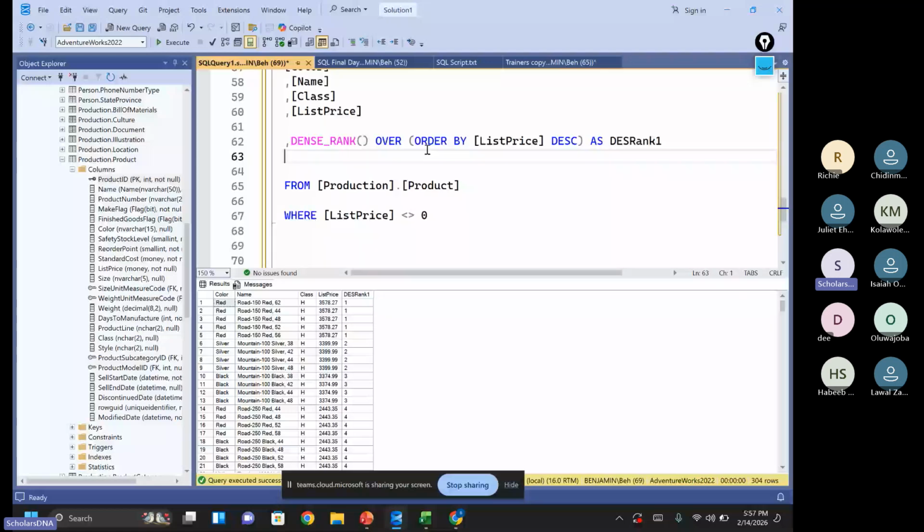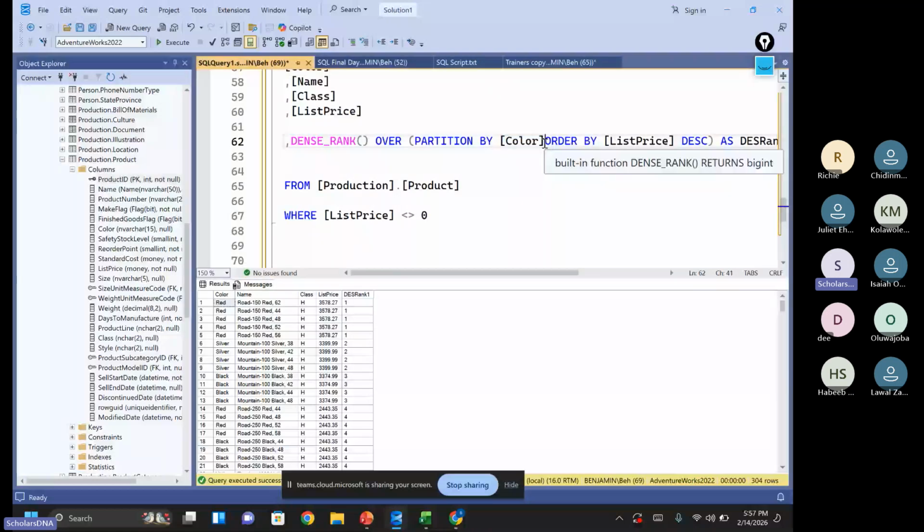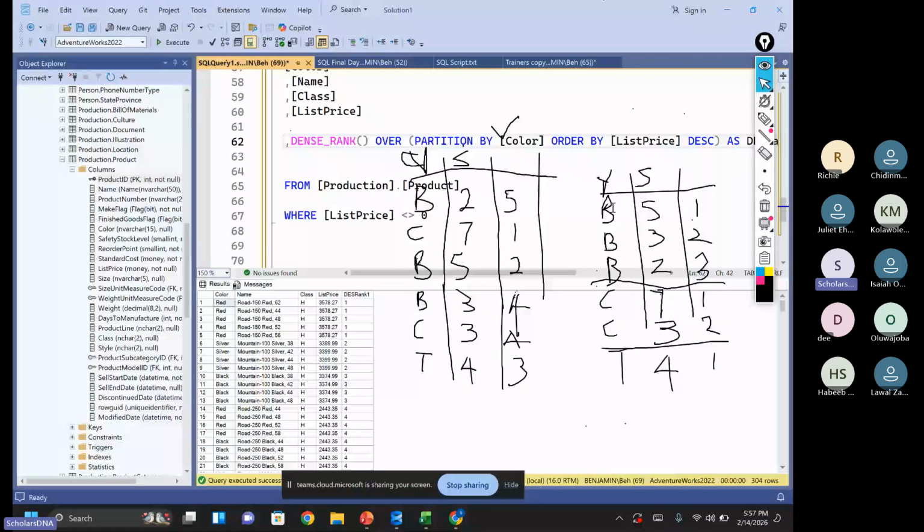Before you rank it, partition by color. What that means is that we're giving it instruction to group the colors first, that is, break the color into all the various partitions. Benz and Camry, partition first and then rank it.